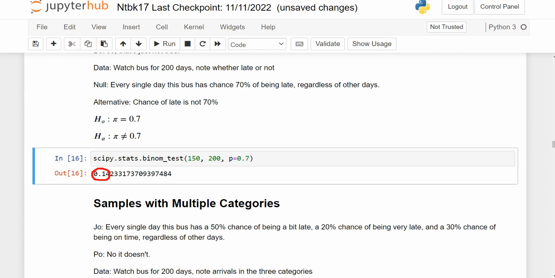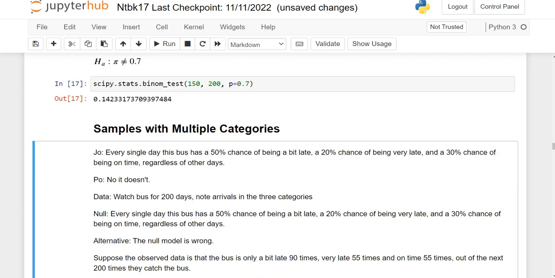So all 3 of the tests run with the original data fail to reject the null. And so we don't have any evidence that the bus is late more often than 70% or less often than 70%. Right now, about 70% is about our best guess.